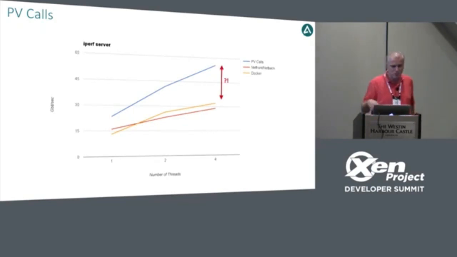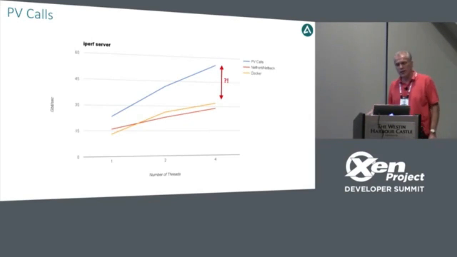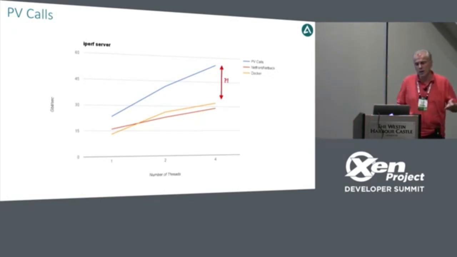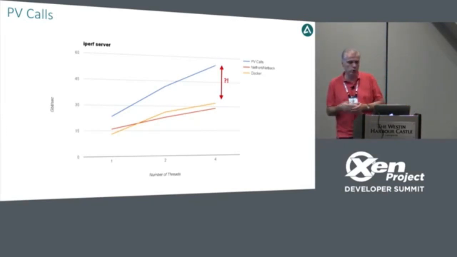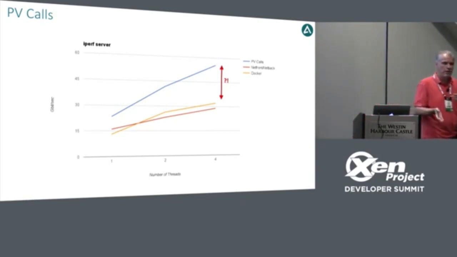Now, there is this big gap between PV calls and Docker. It has to do with how Docker does networking. In the standard deployment that we used with Docker, because Docker needs to do NAT everywhere in order to talk between the containers and the outside, they chose to have a user process NAT implementation.